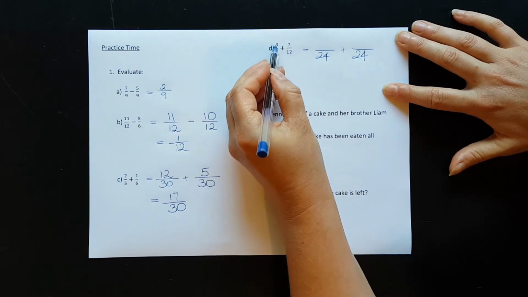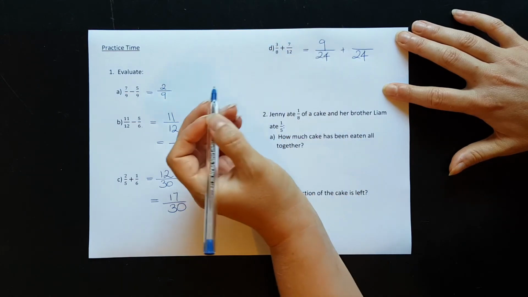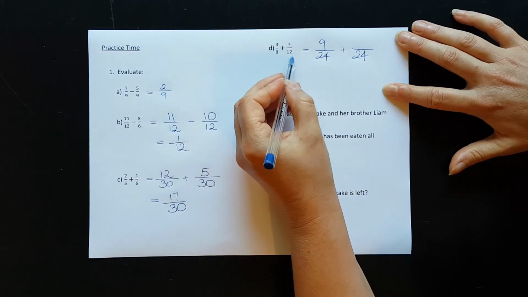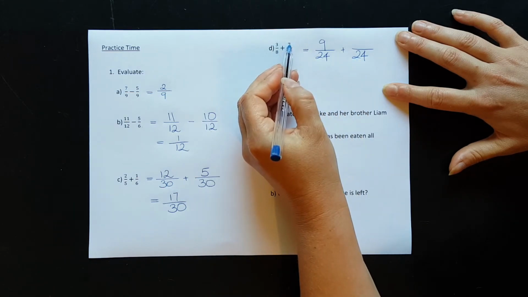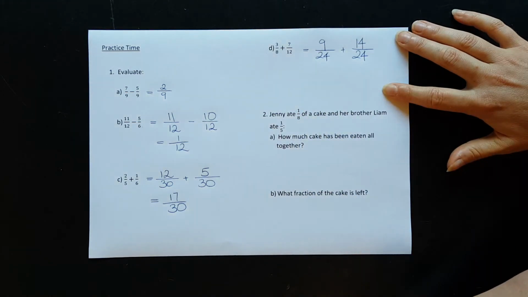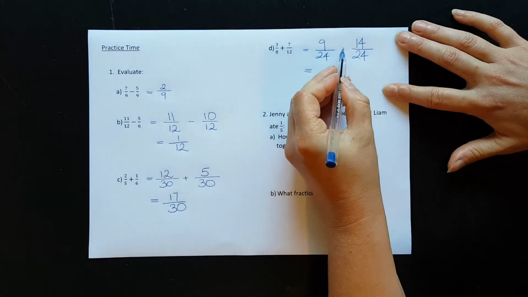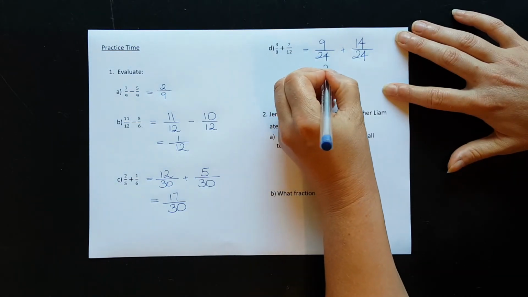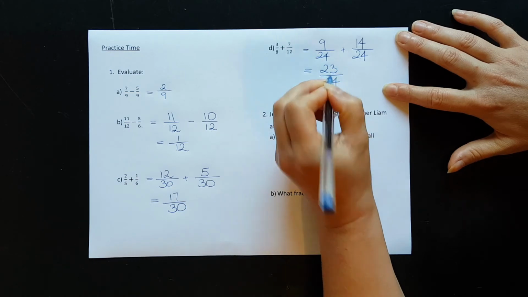So I have to multiply 3 by 3 to get 9. 12, I have to multiply by 2. So I'm going to have to multiply 7 by 2, which will give me 14. Now I can add those together. 9 plus 14 is 23 out of 24.